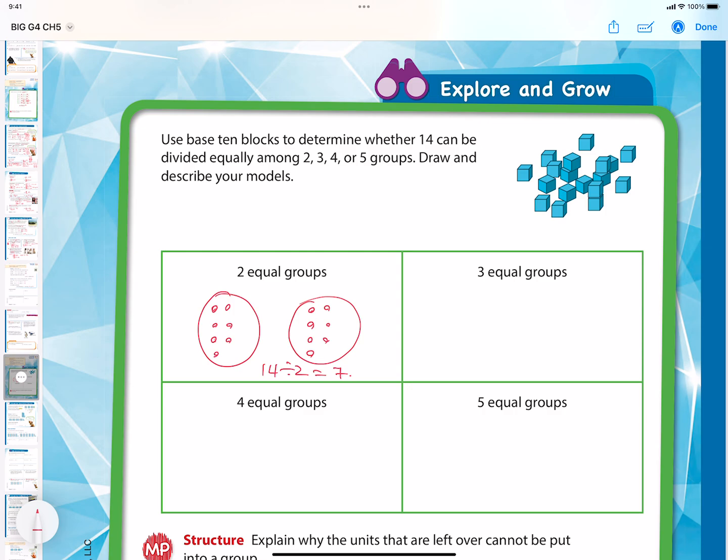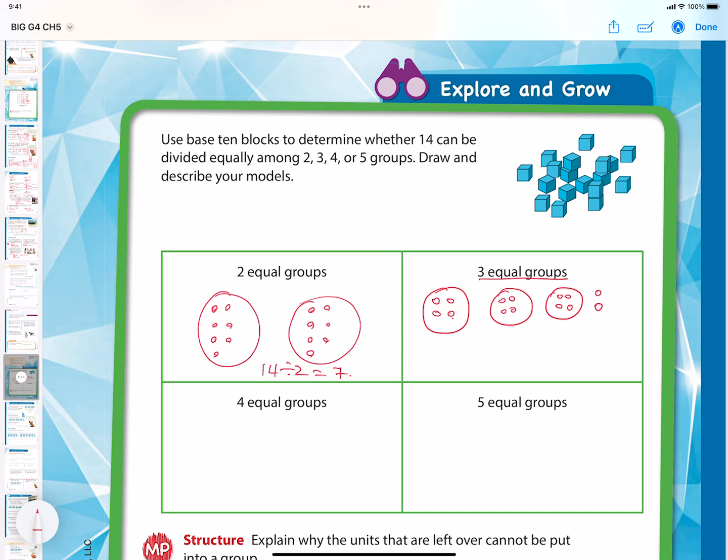Now we are going to say 3 equal groups, guys. 1, 2, 3. Oops, getting smaller. Okay. 1, 2, 3, 4, 5, 6, 7, 8, 9, 10, 11, 12, 13, 14. We cannot draw this because we need what? Equal groups, not only groups. So we have what? 1 and 2 left over, right?